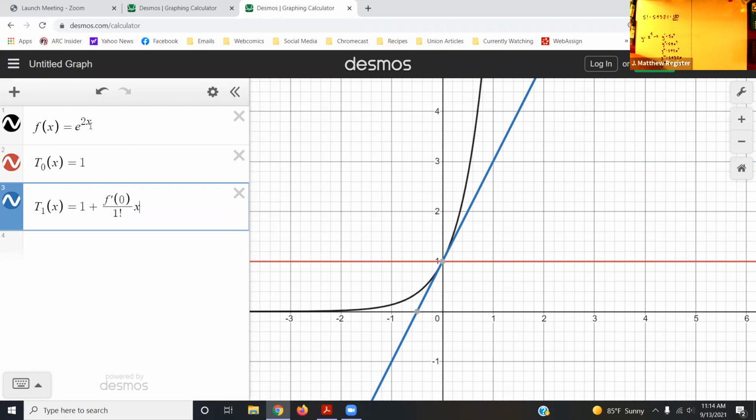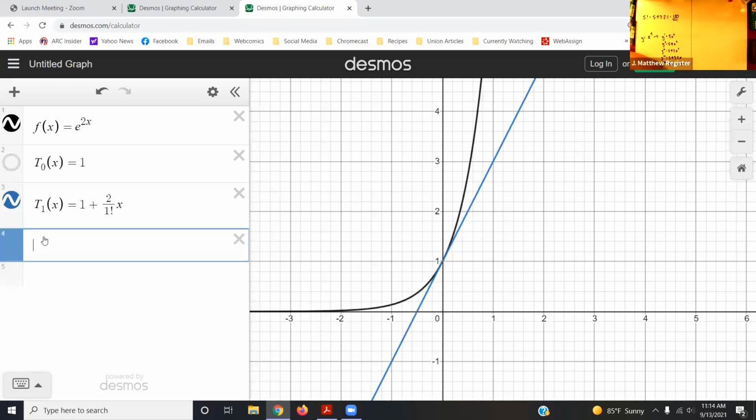And like we mentioned, this f prime of 0 is really just 2. And so now the question is, how good of an approximation is that? Well, it's still not great. Let's do the next one.